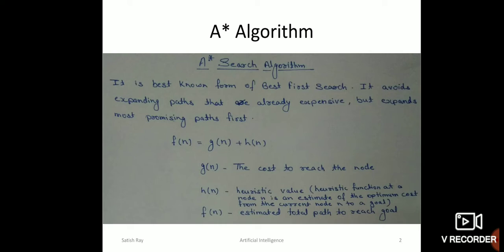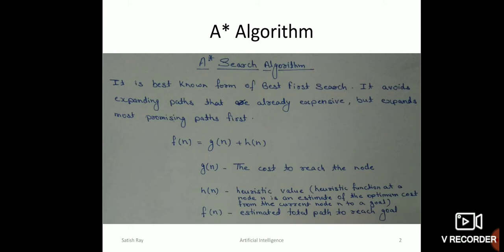And in order to calculate the total path to reach our goal, we will use this formula: f of n equals g of n plus h of n, where g of n is the cost to reach the node, h of n is the heuristic value, and f of n is the estimated total path to reach our goal.